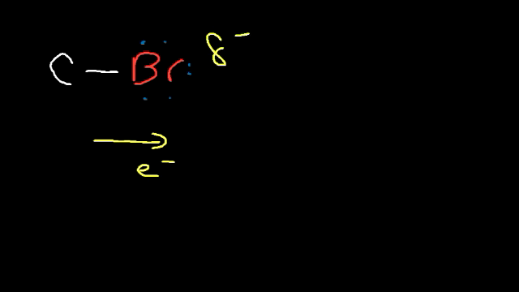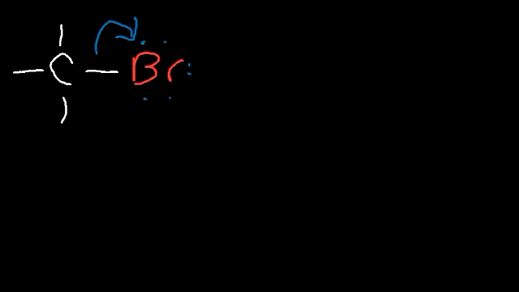And so bromine has a partial negative charge, carbon has a partial positive charge. So when a bond breaks, because bromine is more electronegative, it's going to take away both electrons with it. So therefore, the carbon atom, because it lost electrons, is going to have a positive charge. And bromine, because it gained electrons, is going to have a negative charge. So heterolytic cleavages create ions. So here we have an ion pair.